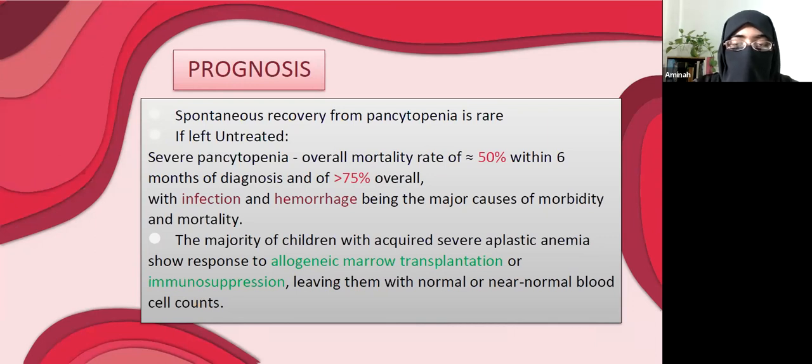Infection and hemorrhage are the major causes of morbidity and mortality. In children who have acquired severe aplastic anemia, they show good response to marrow transplantation and immunosuppression. It has a good prognosis if they receive treatment soon.